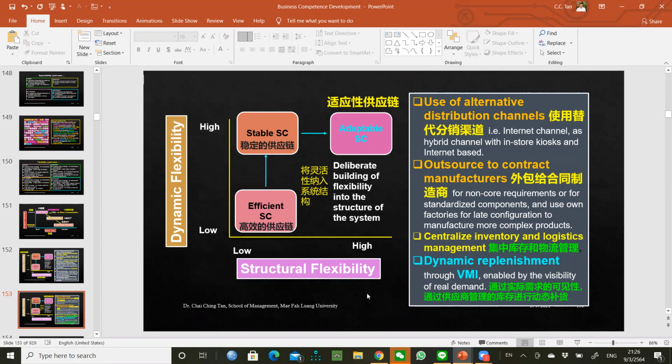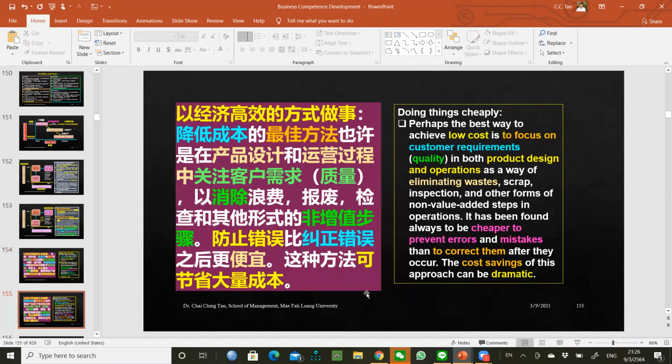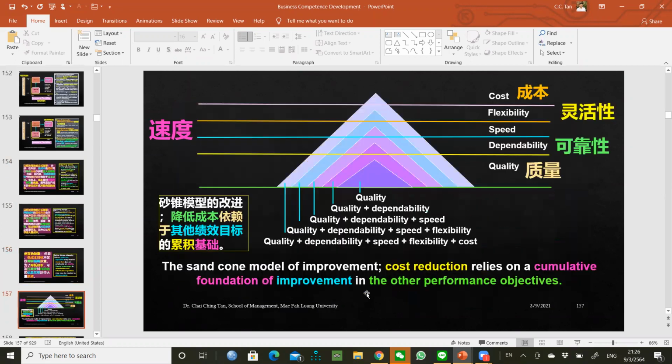So again, these are just many different ways. Okay, you can read it by yourselves, all the same. And these are all operations objectives. So when we do the operations design, supply chain design in your new venture systems or current existing operation, there are 5 very generic operations objectives: quality, dependability, speed, flexibility, and cost.